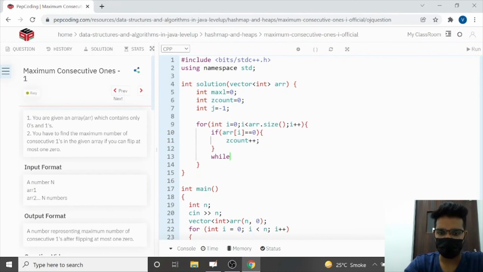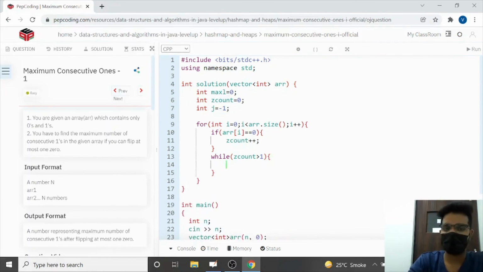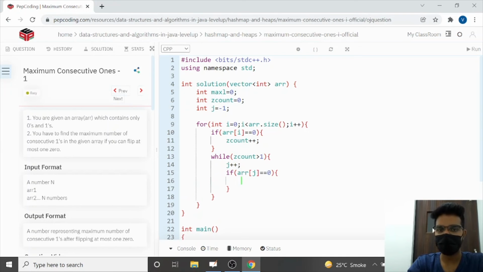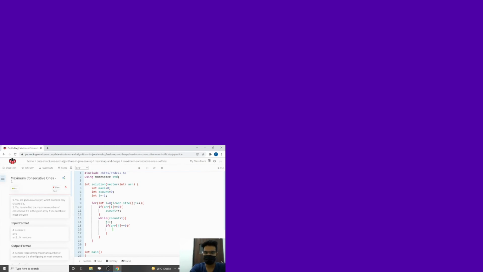Now, we run a while loop and we check if 0 count is greater than 1. Right? If 0 count is greater than 1, that means it is not allowed. We've got to exclude our previous 0. So what we are going to do is increase our j. Right? And what we are going to check? If array[j] is equal to 0, that means we have successfully excluded our previous zero.